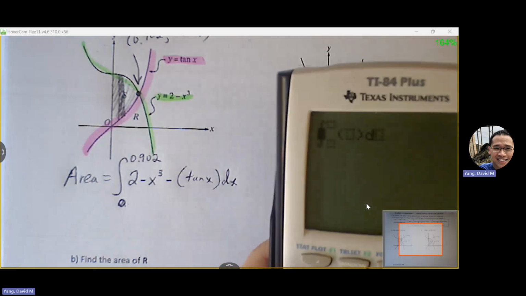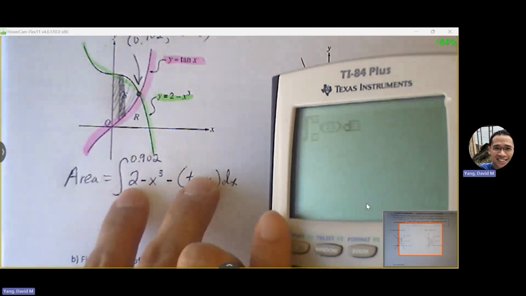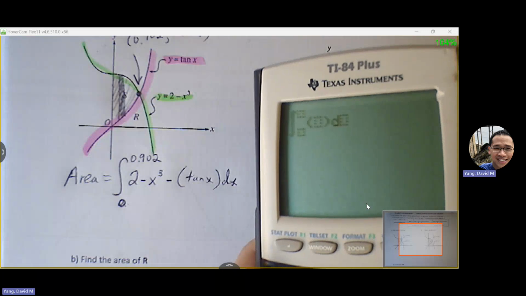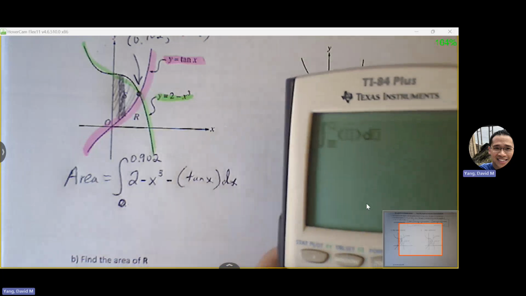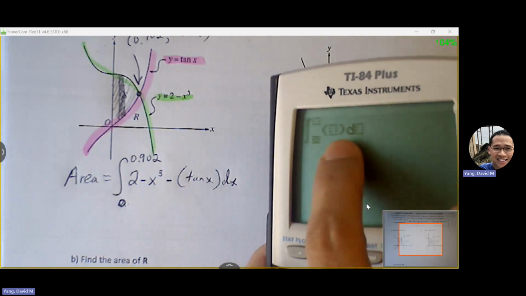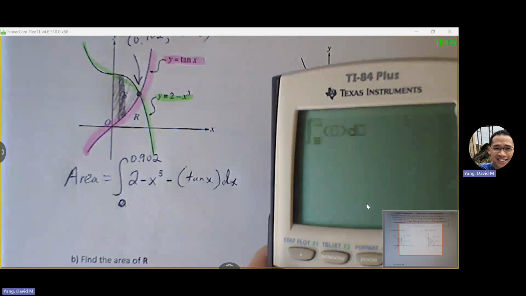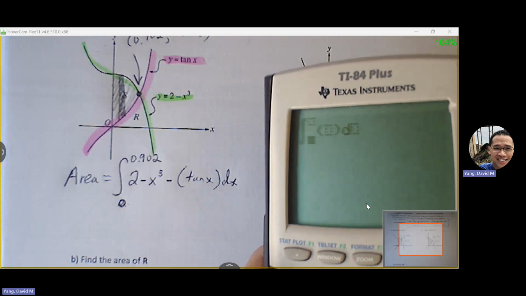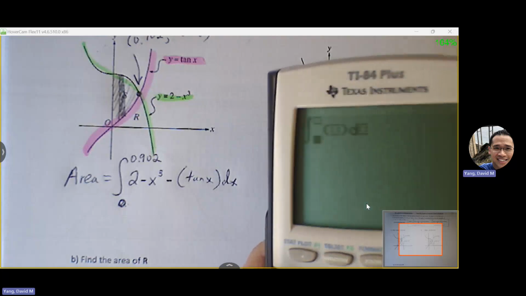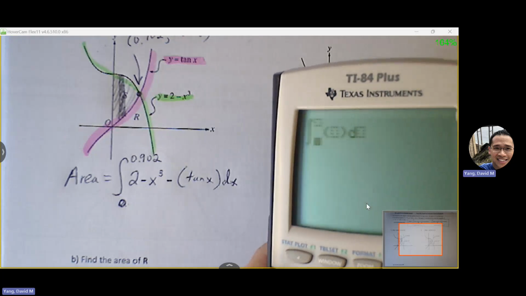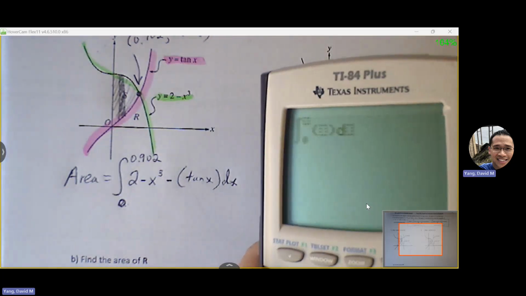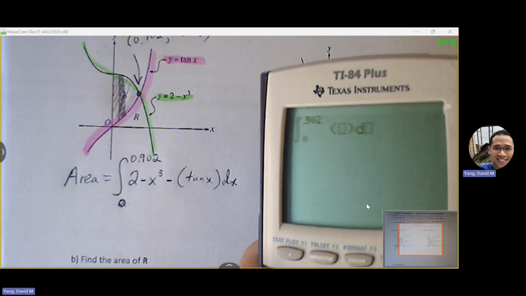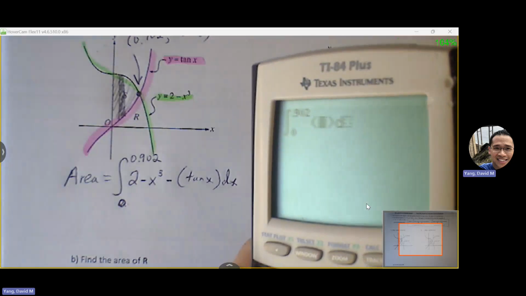So again, the benefit of doing it this way, calling the functions, is that there's less parentheses you have to worry about later on when we have to square everything and there's a whole bunch of parentheses involved. There's less parentheses involved if we can let y1 and y2 hold these functions. And that way you don't get stuck with, oh, wait, I forgot a parentheses, or I need a closing parentheses here or opening parentheses there. It just looks a little bit cleaner. I think that's what I just want to encourage. But it's not wrong. If you want to put everything in the main screen, that's fine. It just looks a little messier.